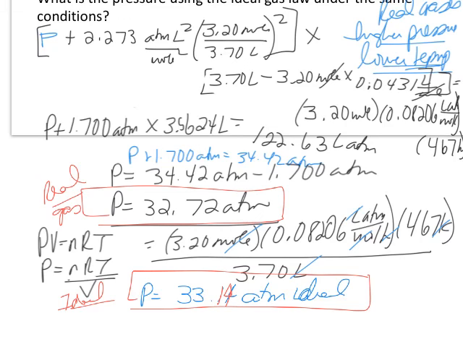And you could think about that: we've increased the temperature, it's pretty high, 467. PV equals nRT, so how are pressure and temperature related? Anyway, let's just leave it at that.